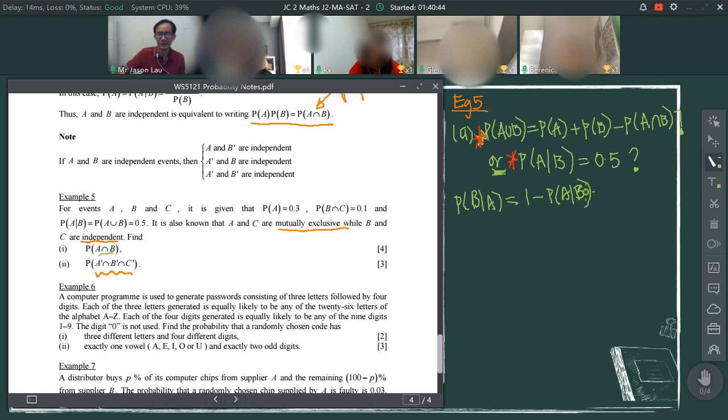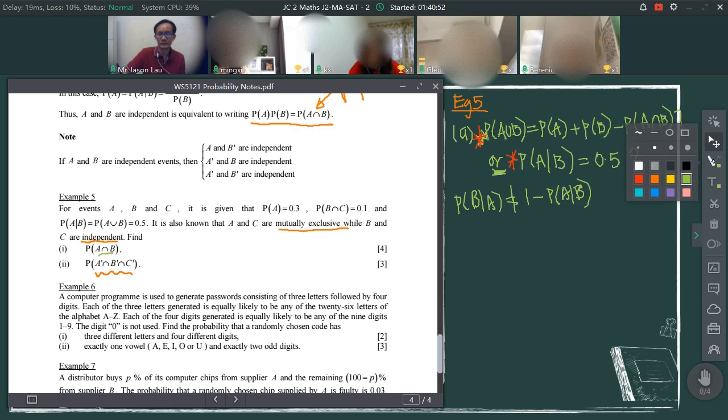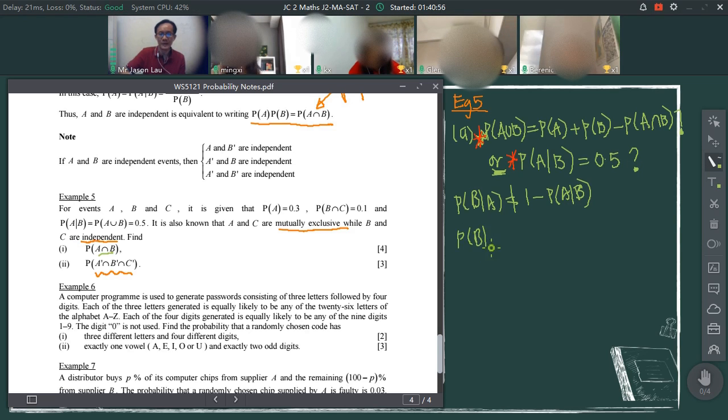How do you find P(B given A) again? For B given A, there's no direct formula except the conditional formula. Oh, okay. Only this formula will do.